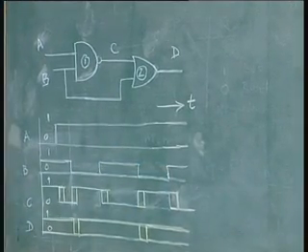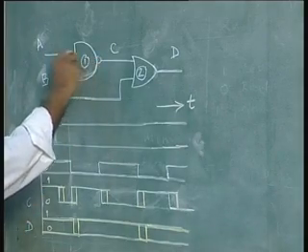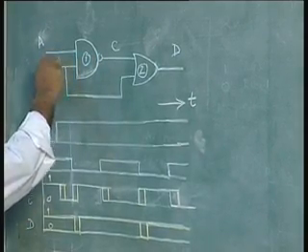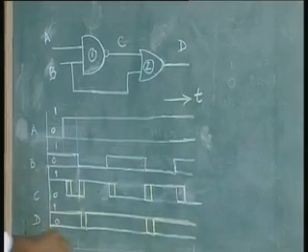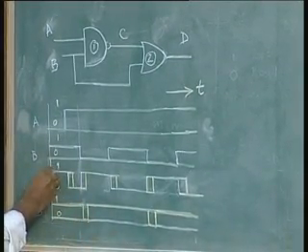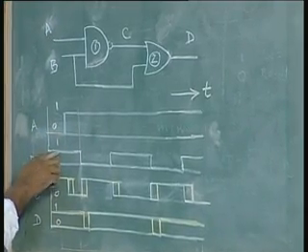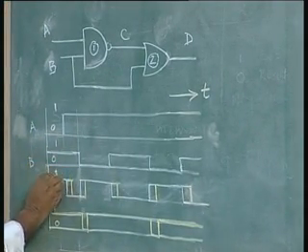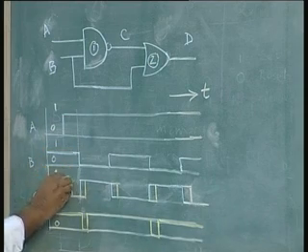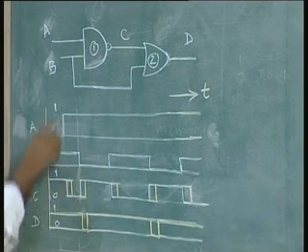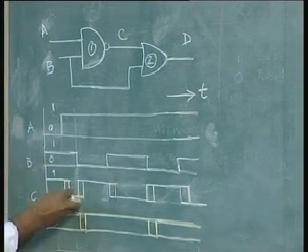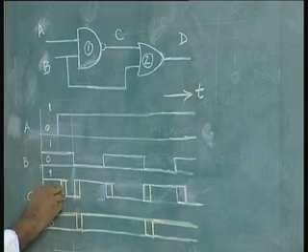Now, the output C is the output of the NAND gate when A and B are the inputs, given by this. C would be 1 when this is 1. When both are 1, this C will be 0, and that is going to last for this duration.